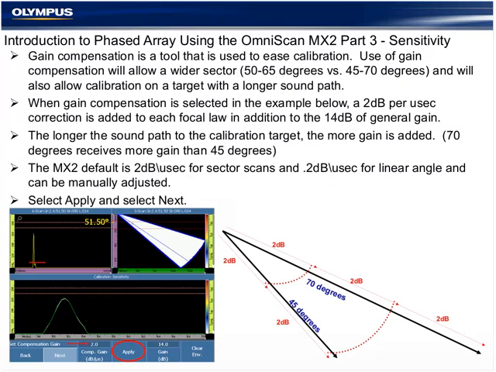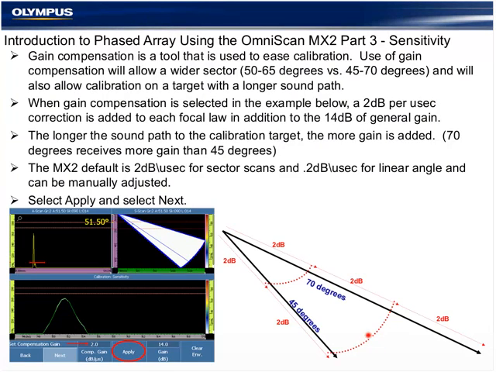Select Next, and we have a step for gain compensation. This is a feature that's fairly unique to Olympus. We created it to allow a wider sector scan to be calibrated or a longer time of flight.